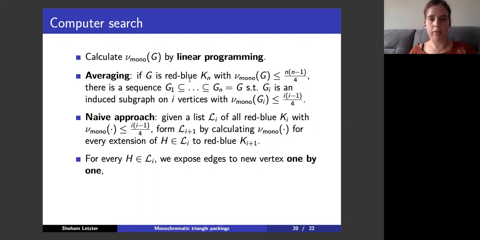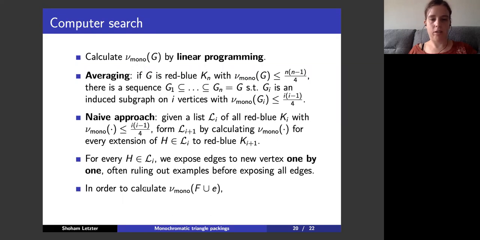So we again look at all the examples in Li, and instead of looking immediately at all the edges from the new vertex to this example, I look one by one. I give each edge some color. And the advantage is that sometimes examples can be ruled out before I exposed all of the edges. So this gives us some bit of speed up.